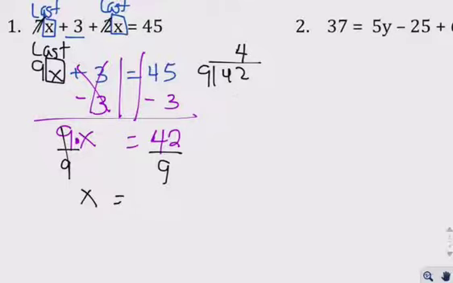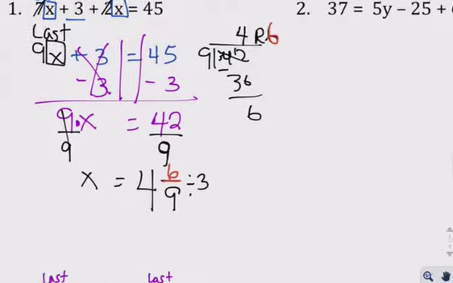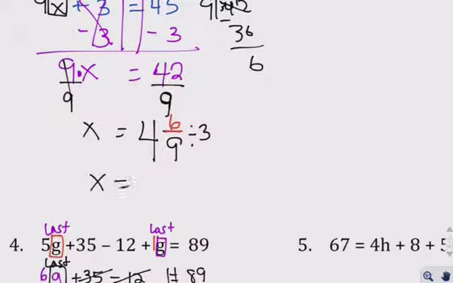So 36, subtract. 42 minus 36 is 6, so remainder 6. So your answer is 4, remainder 6 over this 9 that's here. Reduce that, divide by 3. We got x equals 4 and 2 over 3.